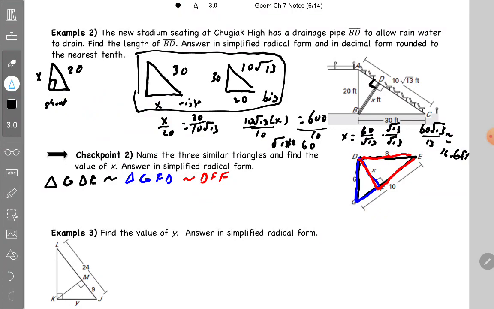I want to find what x is, so DF. So let's find two that share a ratio.